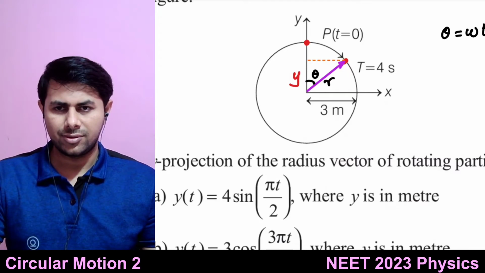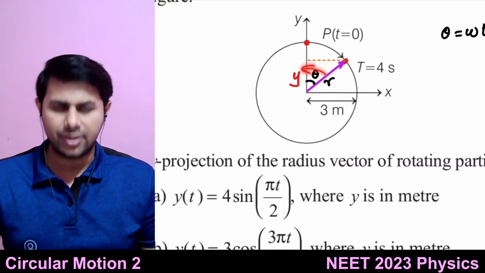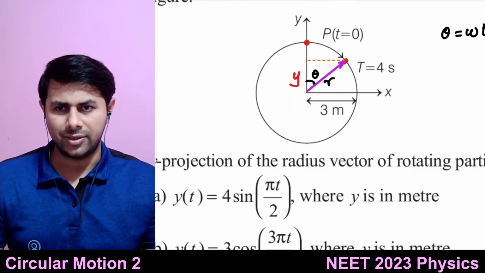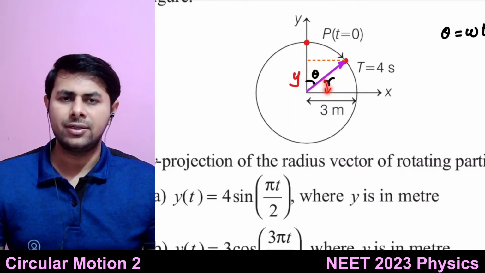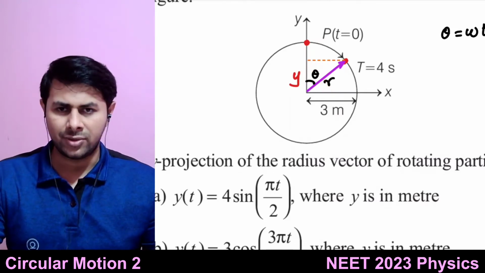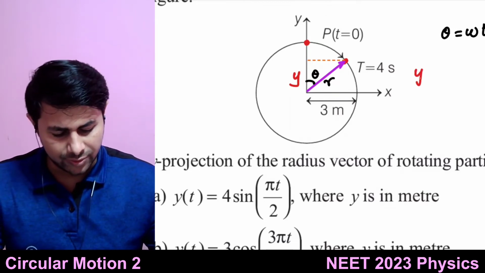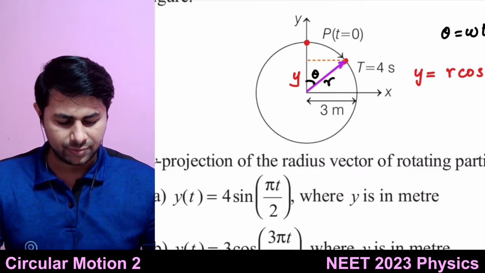R cos theta. Okay, please remember this. If you are going through the angle, it is the cos component. If you are going away from the angle, it is the sine component. So this is the cos component. So y is equal to r cos theta, and theta is omega t, right?